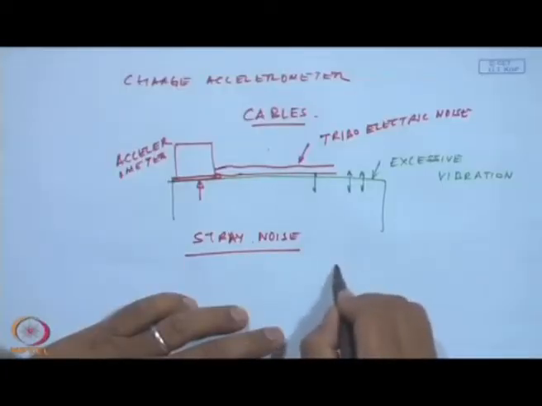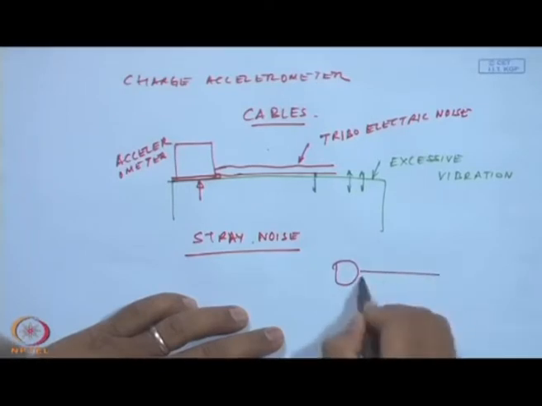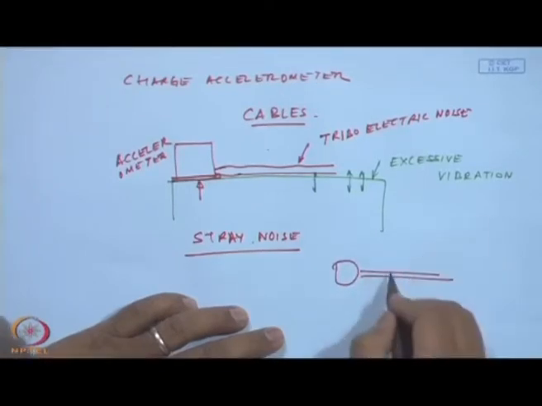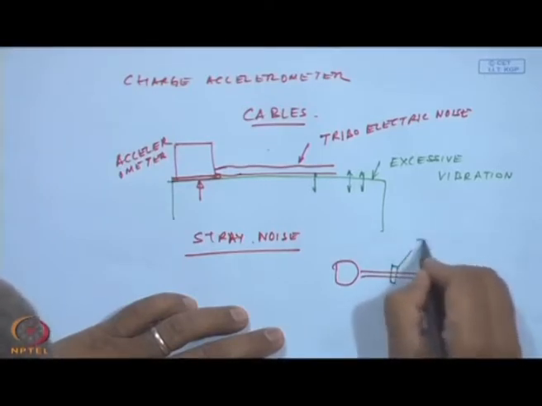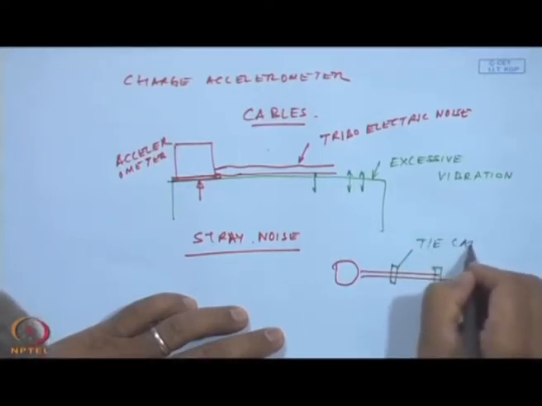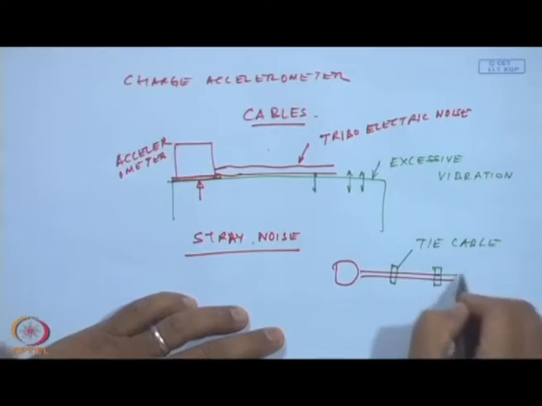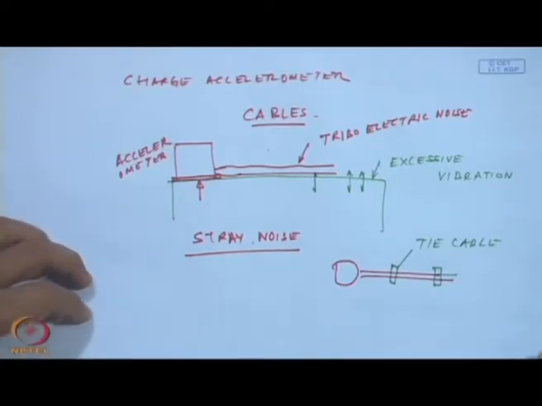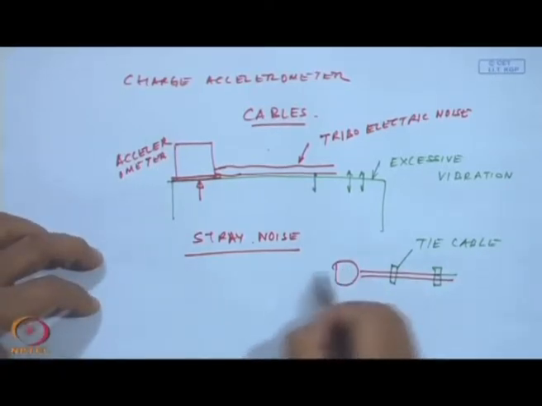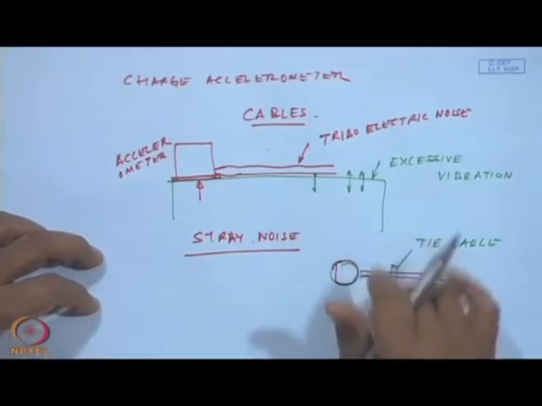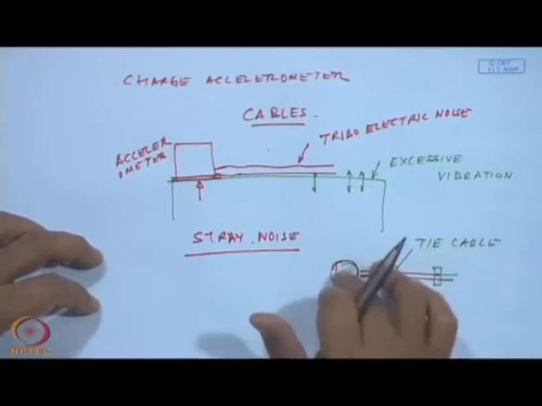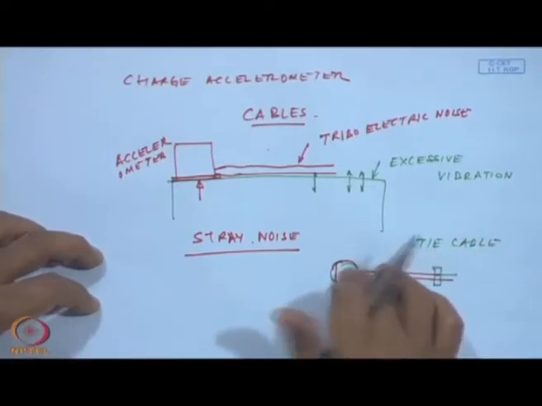So, what you have to do is, if you put this accelerometer here, usually you tie the cable with some sort of a tape, so that the cable does not move. Okay. Because if this is a charge type of accelerometer, a lot of charges are going to get generated if the cables are going to move, and they are going to interfere with the measurement charges.